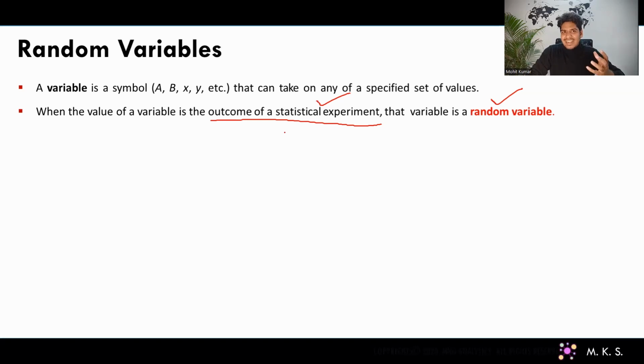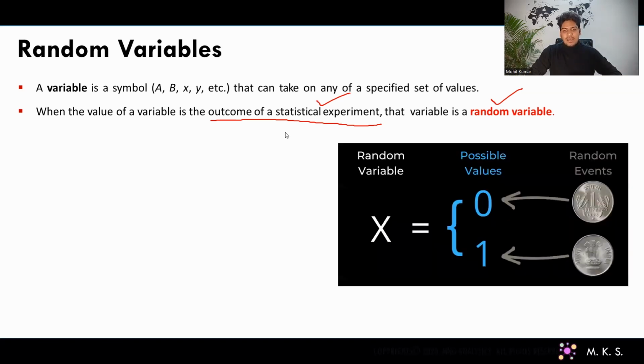Now let's understand this using different examples, like a few of them I have mentioned. A lot of times you will get this simple example, flipping a coin, coming head as, let's say, 1, coming tail as 0, right? So that's a statistical experiment. And when the outcomes you are storing as a variable, that variable we call a random variable, right?